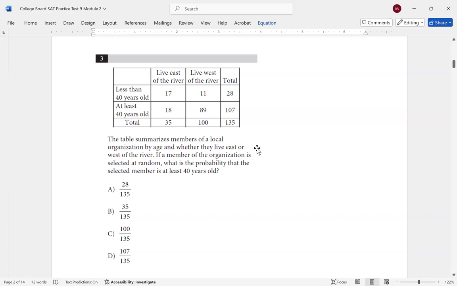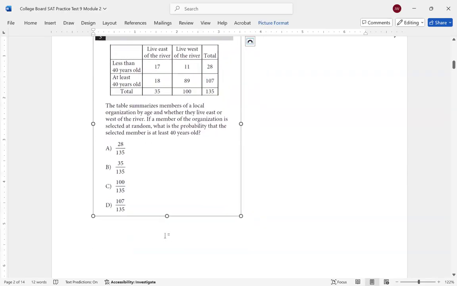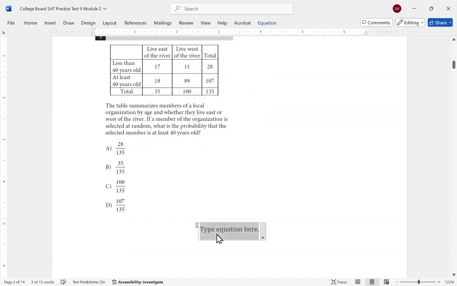So we're asked to use essentially classical probability to figure out the probability of selecting someone at random, and that person being at least 40 years old.